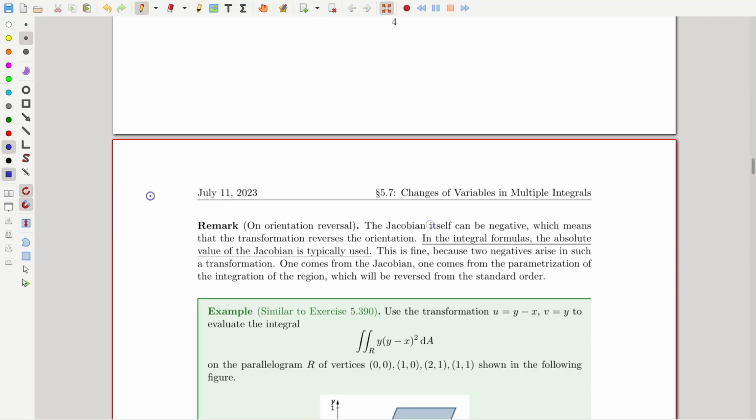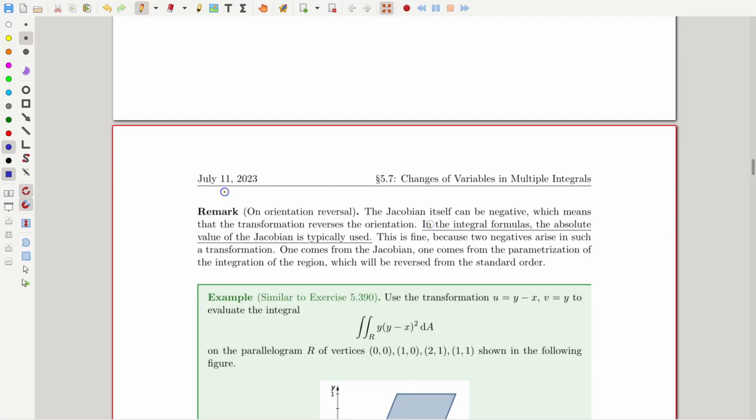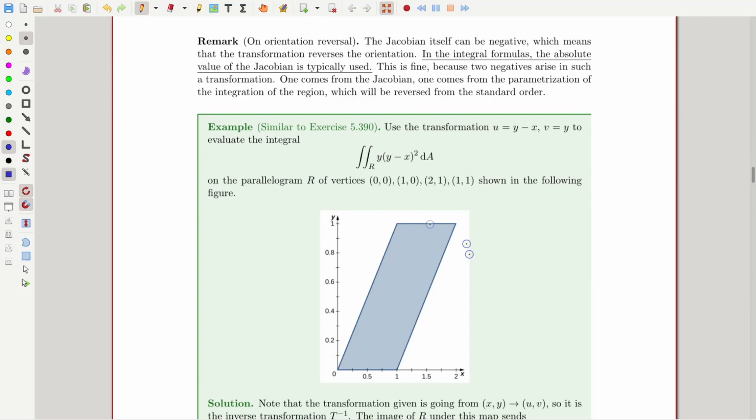So, what ends up happening, I guess I can relate it to the bottom example. What happens in this example is that, okay, I guess I'll just sort of diagram it here. Actually, I'm already kind of doing the wrong thing. So I'll say T inverse. This ends up mapping to a square, but the orientation of the square is the reverse.